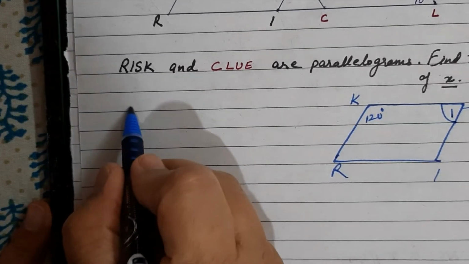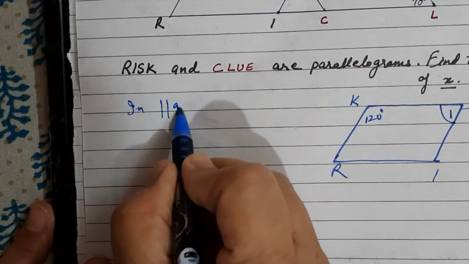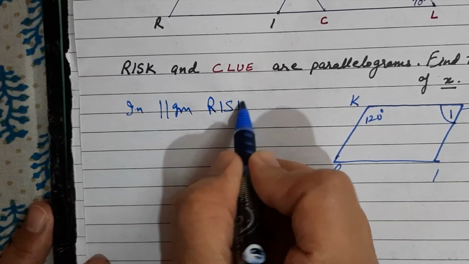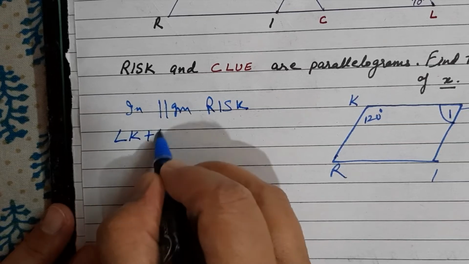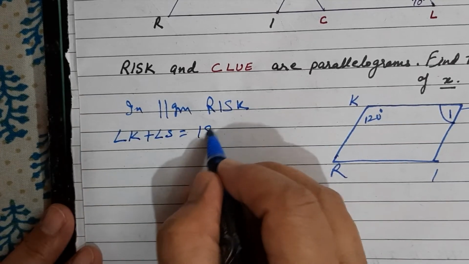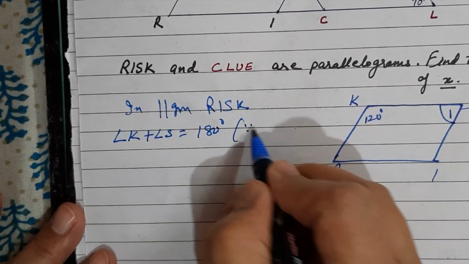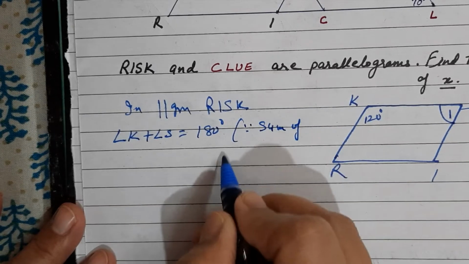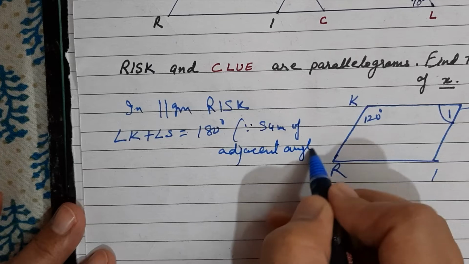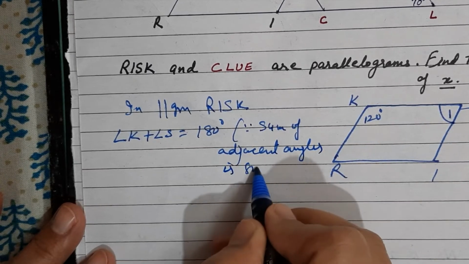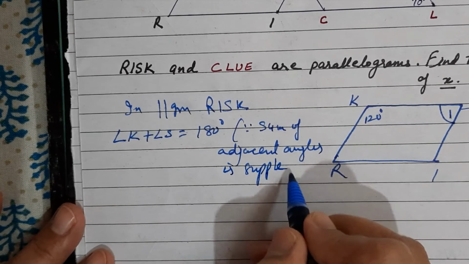Now, in parallelogram RISK, angle K plus angle S is equal to 180 degrees, because the sum of adjacent angles is supplementary, or 180 degrees.